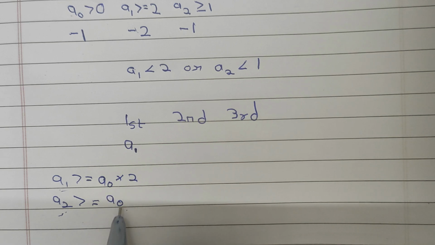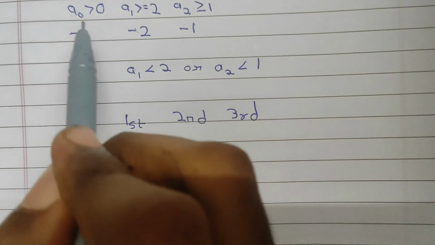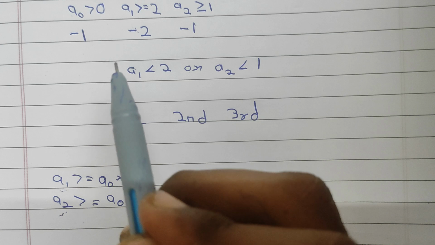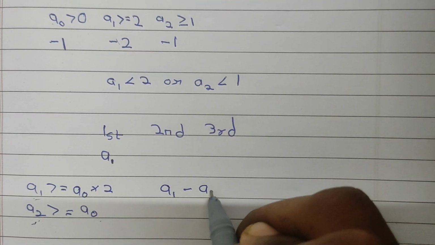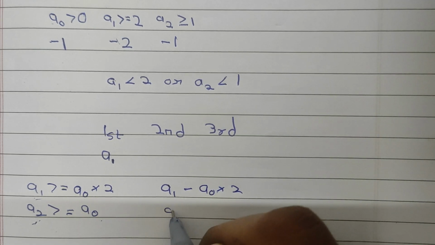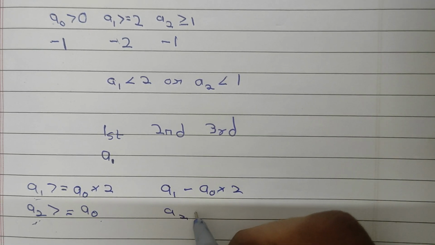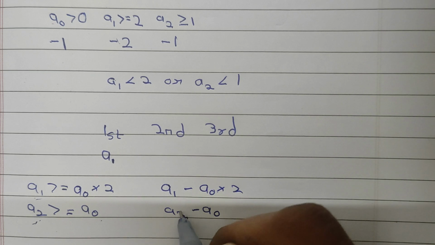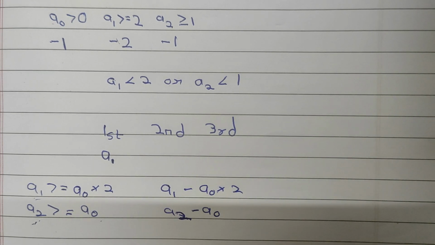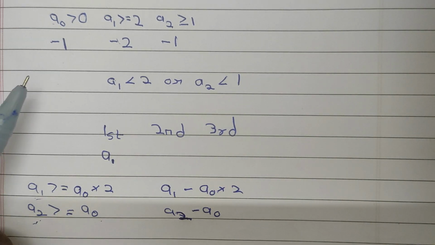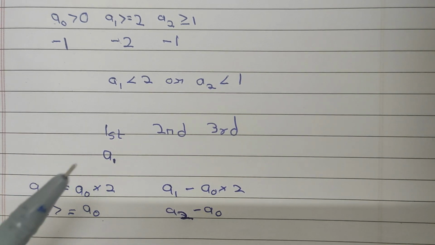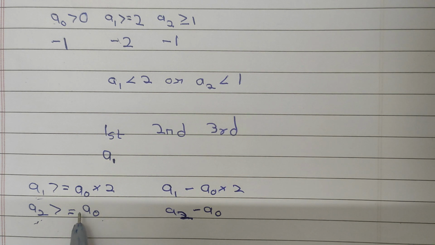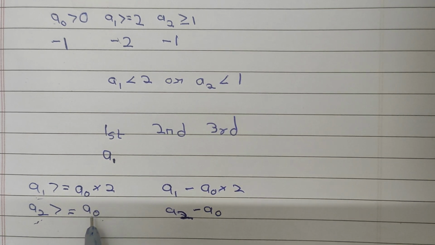So if both these conditions are satisfied, we can directly make A0 equal to 0 and we can subtract A0 into 2 from A1 and A0 from A2. We can directly do this. There is no need to take one piece of loot at a time. But if either of these two conditions doesn't satisfy, we can directly break out of the loop and print no.